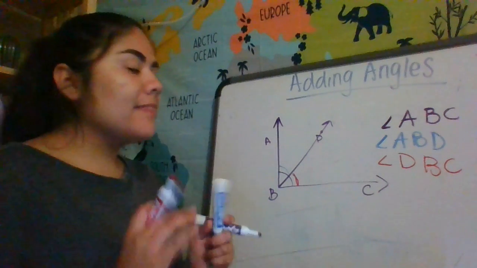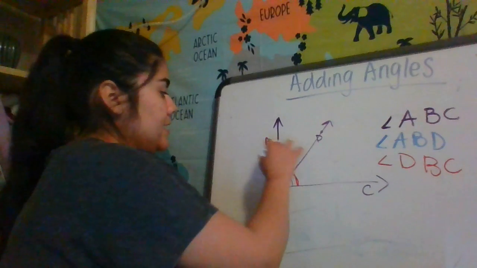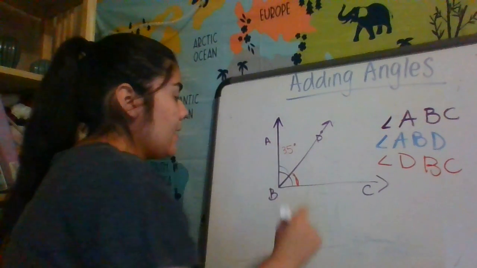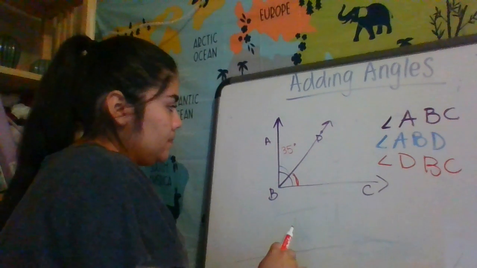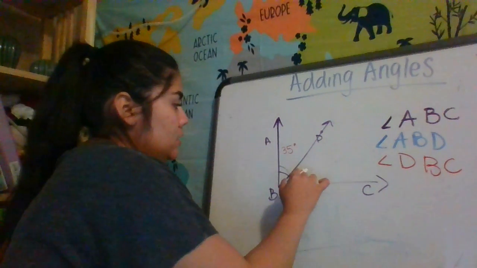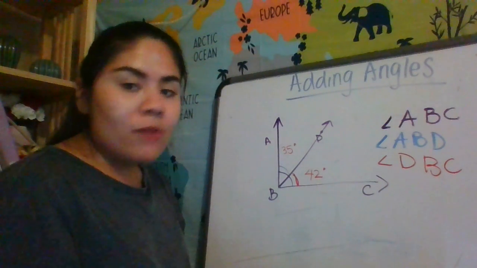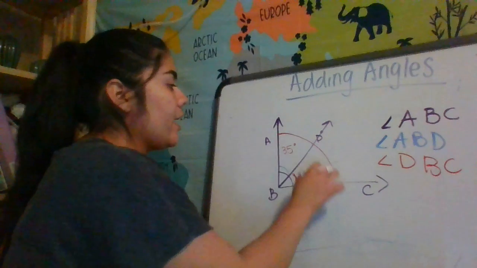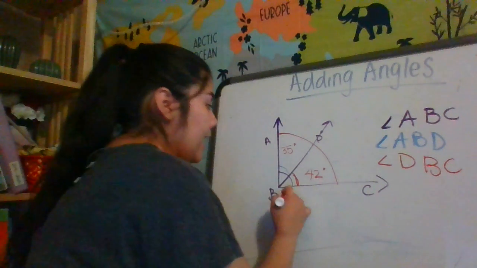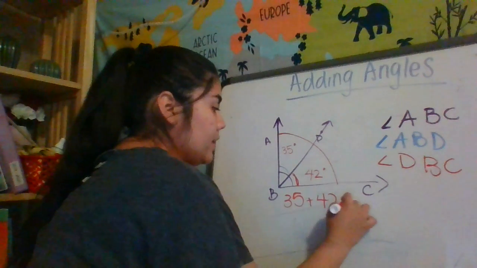Now, let's say I told you that angle ABD here was 35 degrees, and angle DBC was 42 degrees. But I told you I wanted to know what the entire angle altogether was. So your job would be to add 35 plus 42.